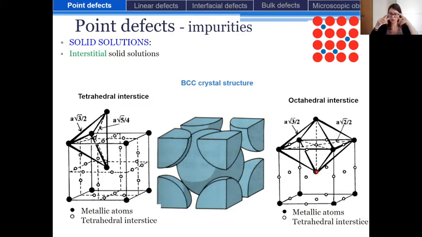So it forms an octahedron, and so at the center of this octahedron, we have an octahedral interstice. Okay, that can be filled by the interstitial atom.